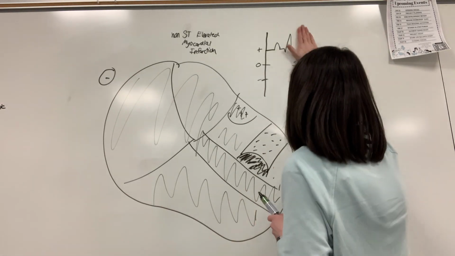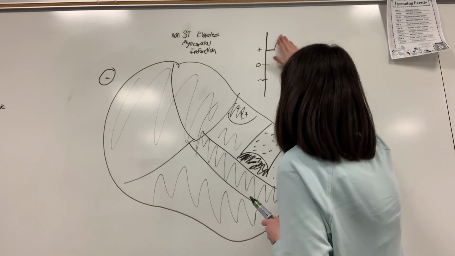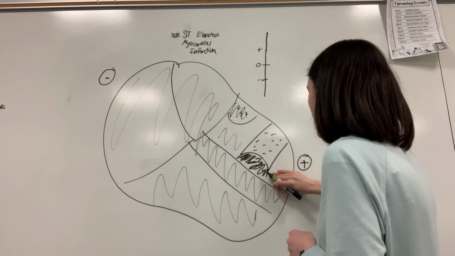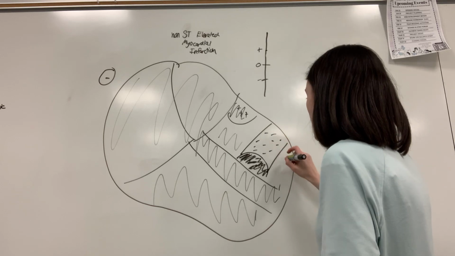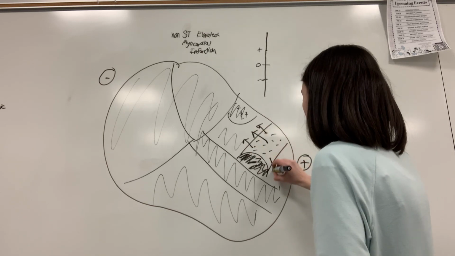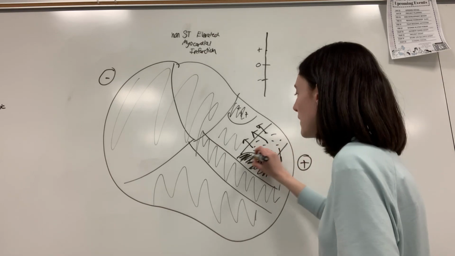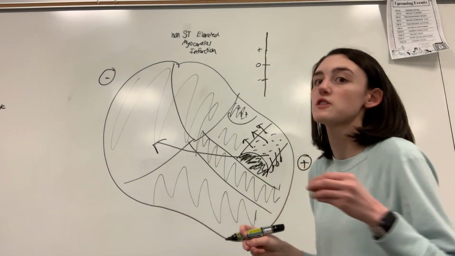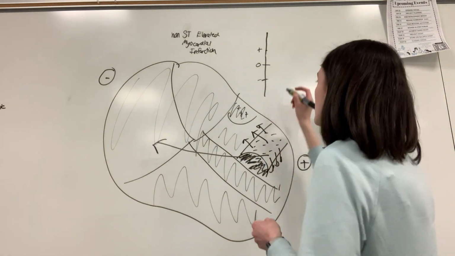The EKG is now detecting that as we have vectors going this way, vectors coming this way. So now we have an average vector going out towards the negative charge, and that's going to lower our EKG chart.